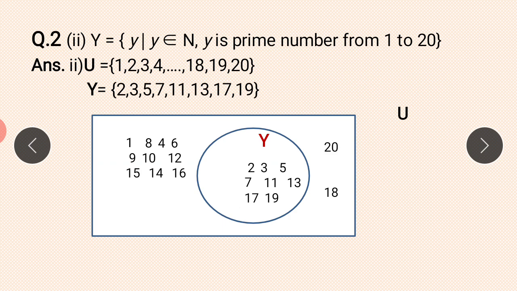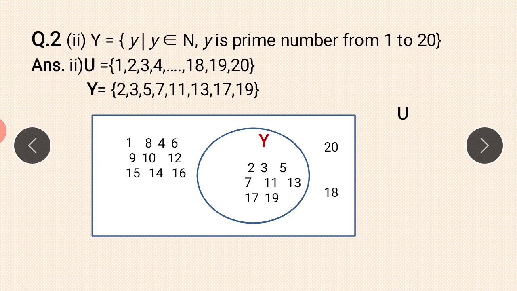Then denote this Y set with the help of a Venn diagram. Again, the Venn diagram is drawn with the universal set represented by a rectangle, and also inside that, one small circle which is the set Y. Y set elements are 2, 3, 5, 7, 11, 13, 17 and 19.